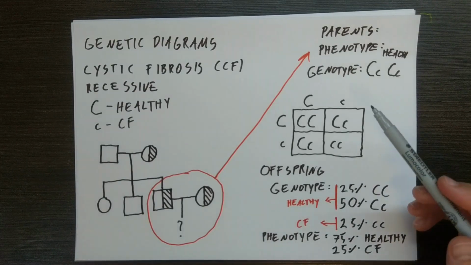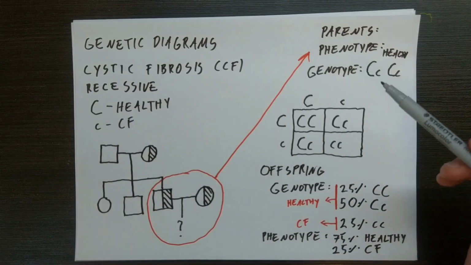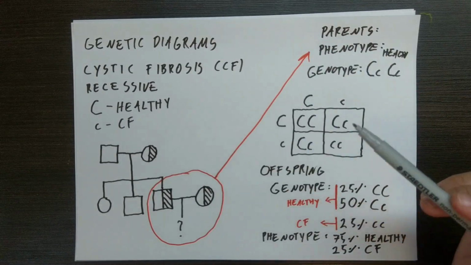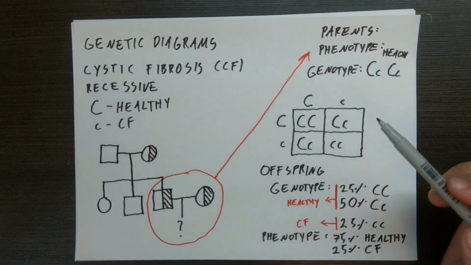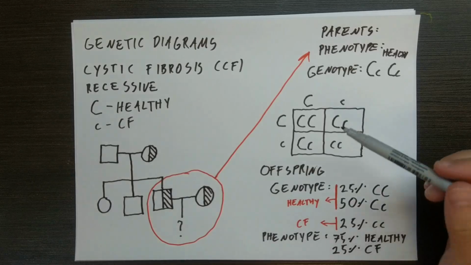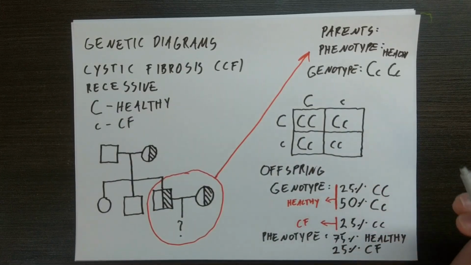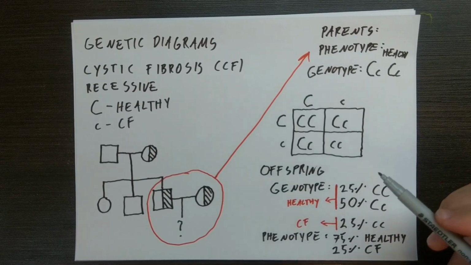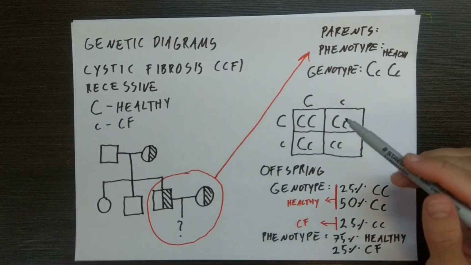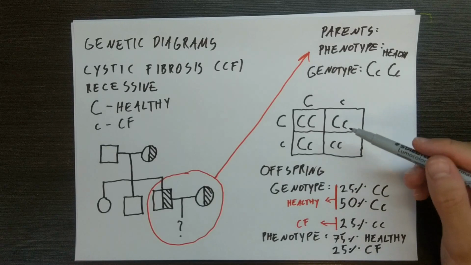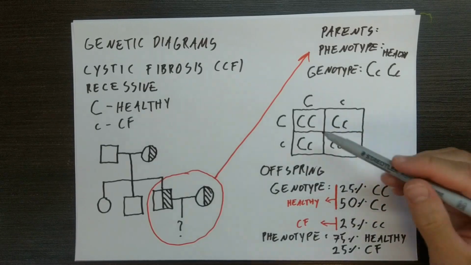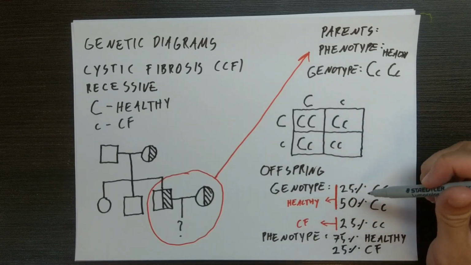Okay, so this is it for today. As you can see, using genetic diagrams, we can predict what we expect the offspring to have. However, one important point to mention is that this is only an estimate. The actual values may differ. For example, all of their kids may not even be carriers.